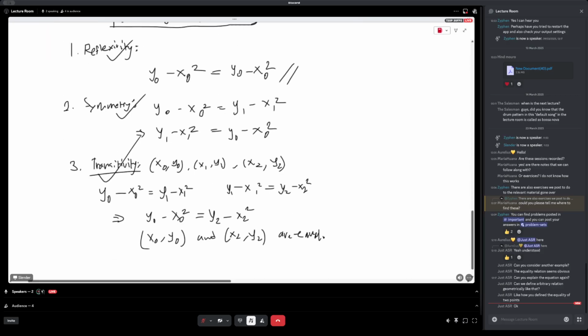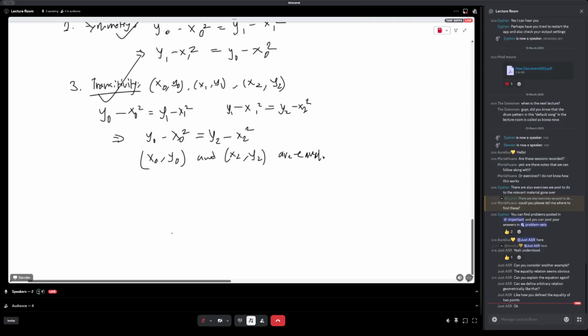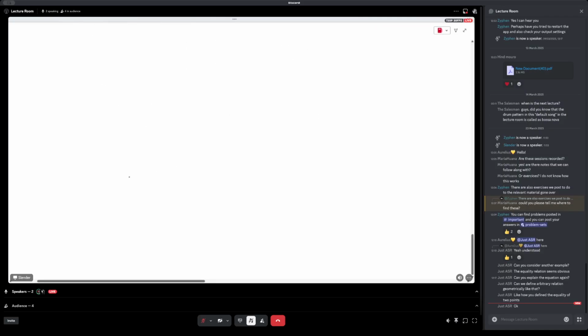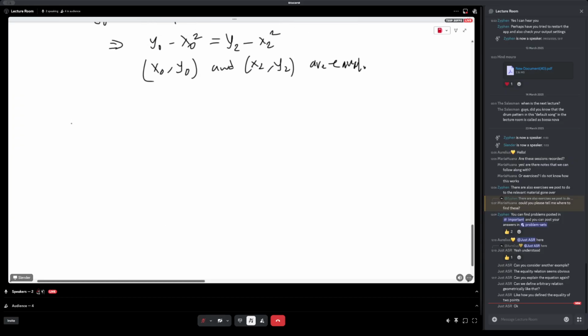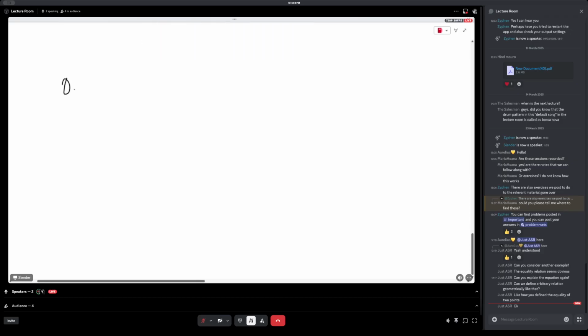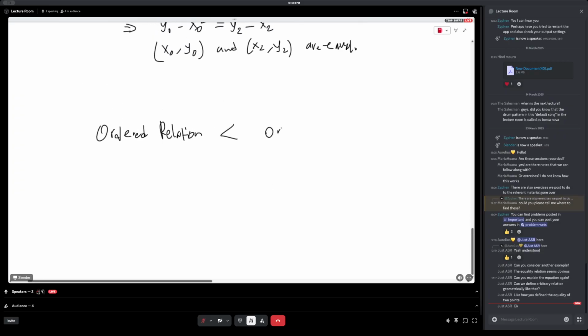The next thing we have is an ordered relation. An ordered relation is denoted with this less than symbol on a set.